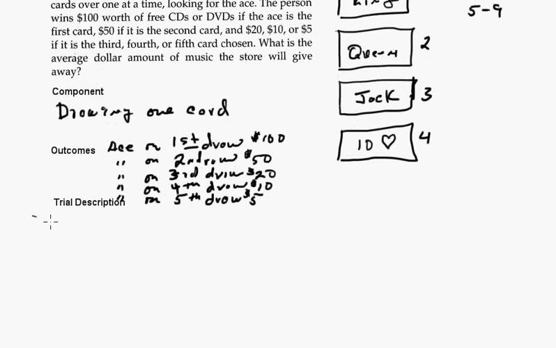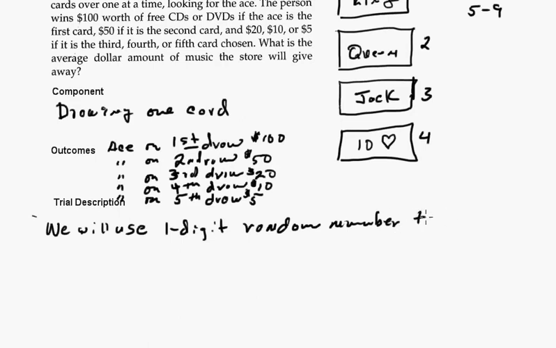Alright, so here I'm going to say for the trial description, we will use one-digit random numbers to represent the cards according to the assignments above.